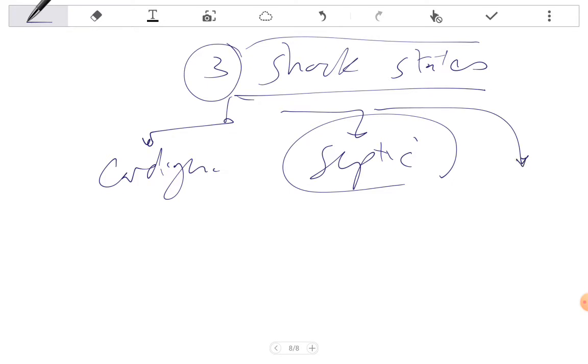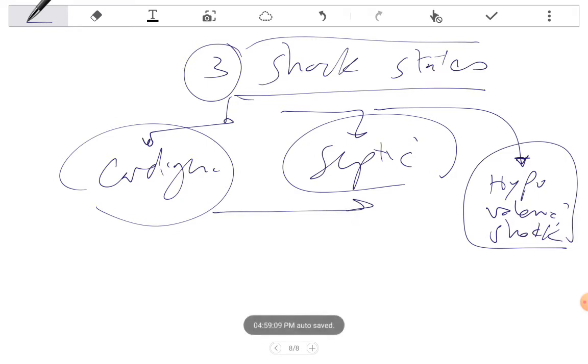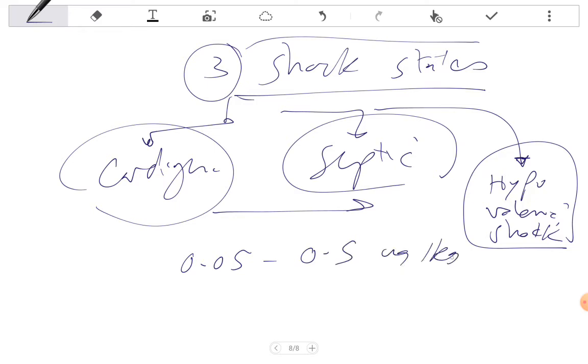We can also use adrenaline as a vasoactive medication in some cases of hypovolemic shock, if there is no response to fluid therapy. So adrenaline can be used in shock. The usual dose is 0.05 to 0.5 microgram per kilogram per minute. So we can start at a dose like 3 to 5 microgram per minute, and we titrate according to the response.